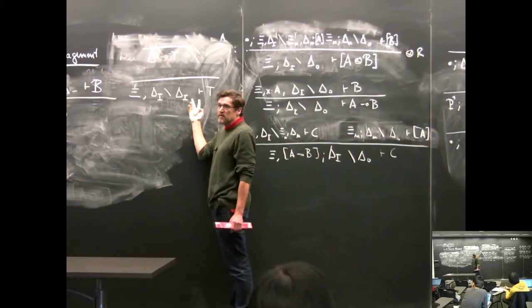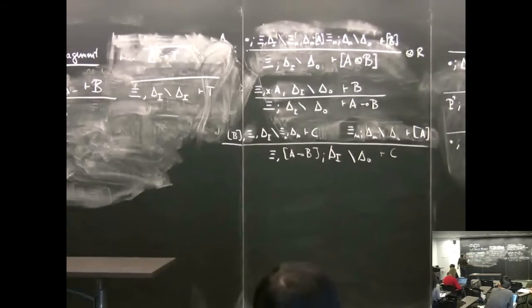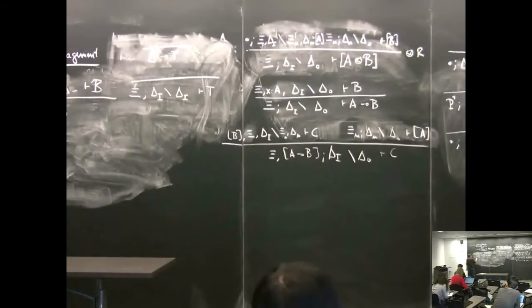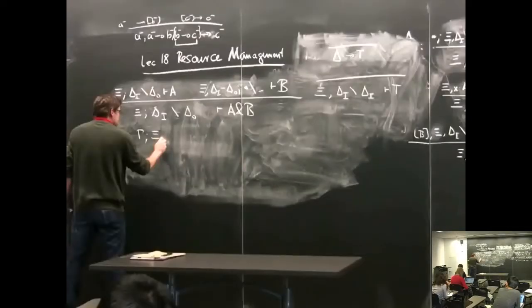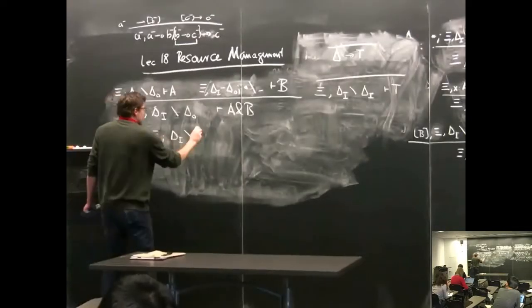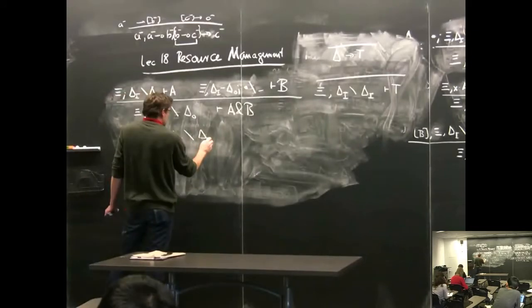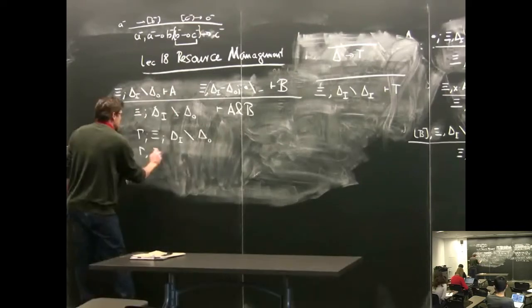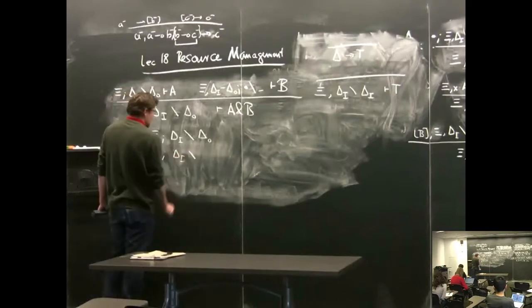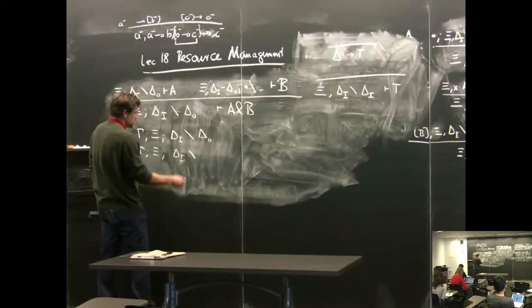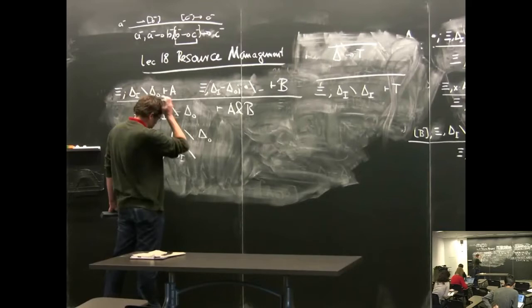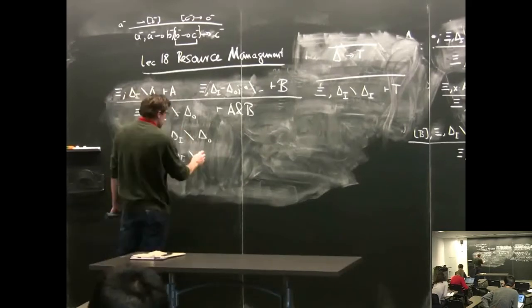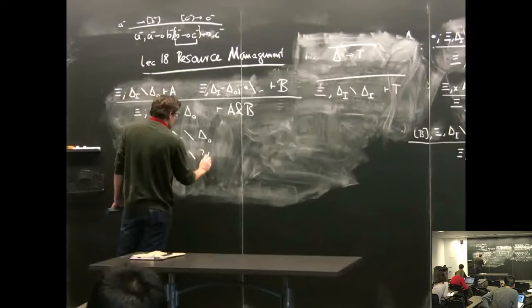Okay. So if I have the judgment again, which unfortunately I erased, it's something like we have a gamma, we have a psi, we have a delta input, we have a delta output. And so that would be one possibility. And the other possibility would be that we have an input and an output which we are not forced to consume. We need some kind of a symbol for that.